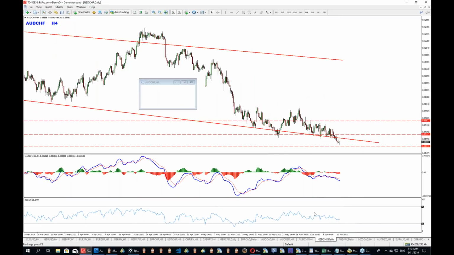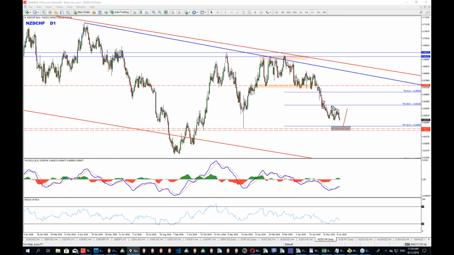Okay, Kiwi franc, nothing really changed since this range. Okay, I do expect continuation lower towards the 064, 063 zone, I guess, something like that right here.